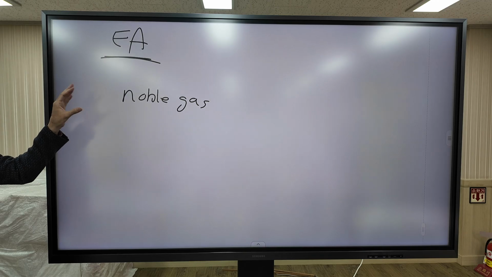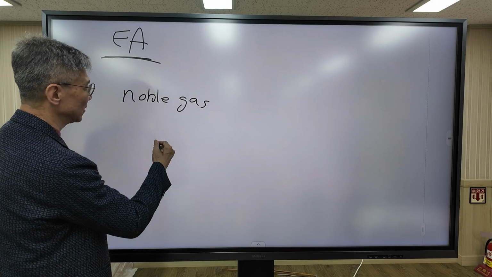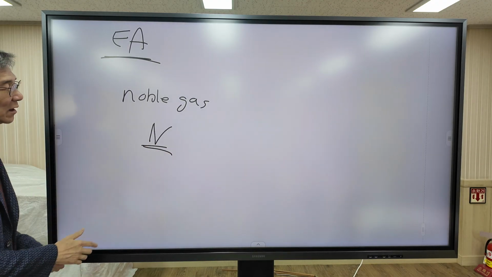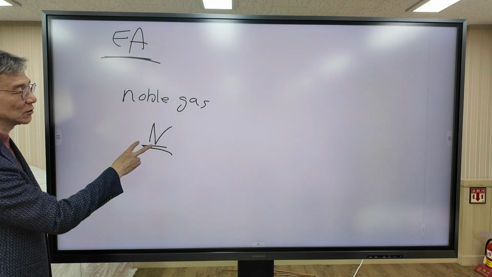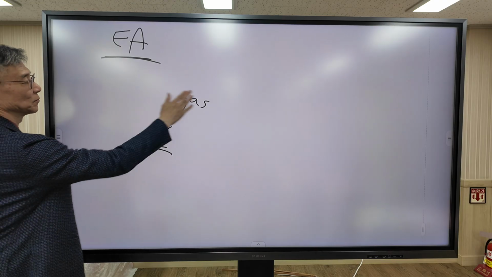That is obvious actually, but surprisingly, some very familiar elements could not be measured. A representative example is nitrogen. We cannot measure the electron affinity of nitrogen because it is so small.